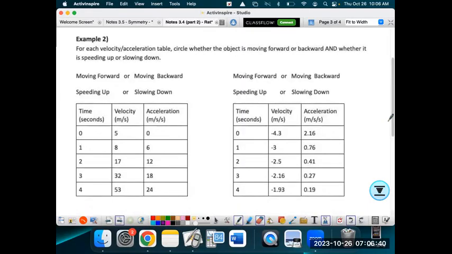In this first table here, our velocities are all positive, so we're moving forward. And then the velocities are getting bigger and bigger, so it looks like we are speeding up. In the second table, the velocities are all negative, so we are moving backwards. And then all the velocities are getting closer and closer to 0, so we are slowing down.